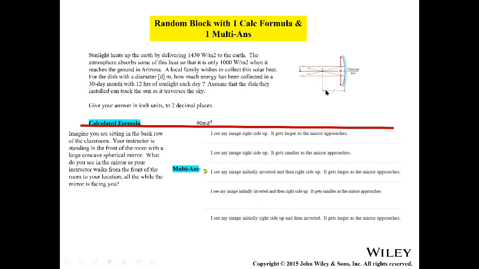Therefore, I know how much heat has been collected, focused on this point, and I know it was for 12 hours. In terms of kilowatt hour, 12 hours per day in a 30-day month, you can then figure out that it is 90 pi D squared. All right. When you put in the numbers, 1,000 watt and so on. And now what was the question? All right, so that takes care of this part, right?